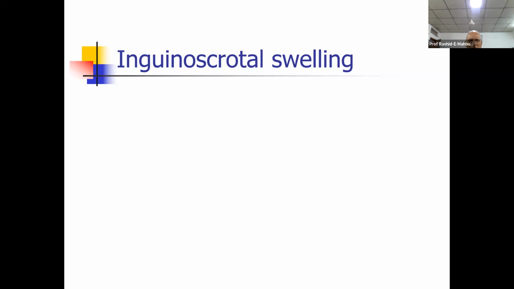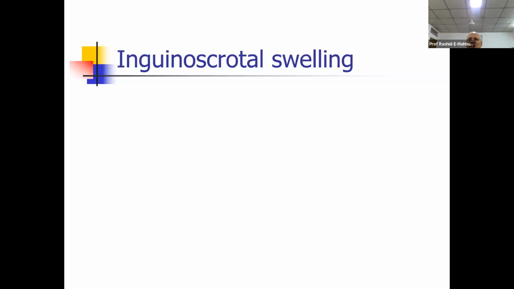Why is it so? The question comes. This is a developmental procedure which makes the inguinal region and scrotum more vulnerable to swelling. If you go for the development of the testes, generally it comes down to the scrotum by the traction of a peritoneal ligament attached to the scrotum, and that carries the testes to the scrotum.